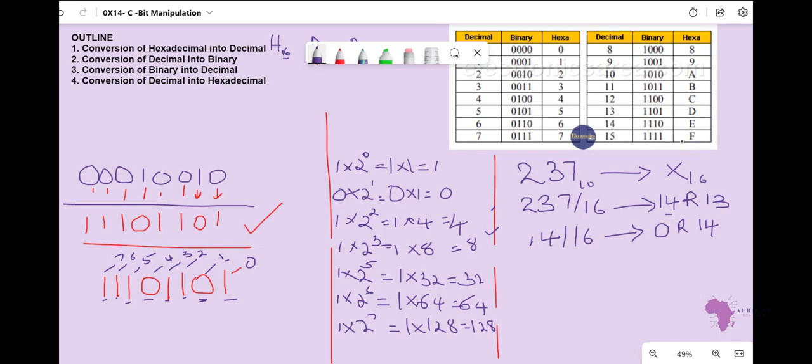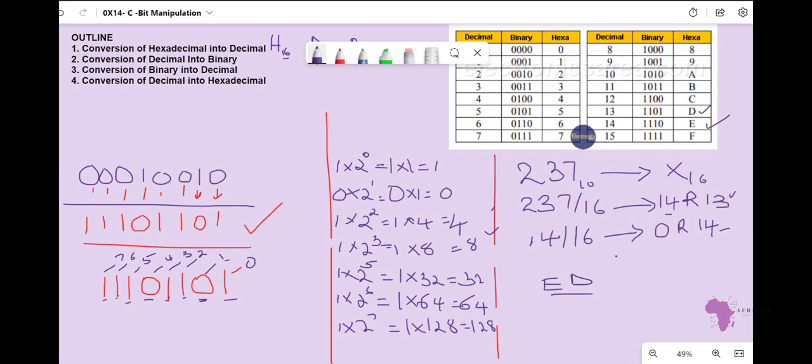You can see here, 14 is this one, which represents E, and 13 represents D. We read this in reverse order, so instead of 14 we write E, and instead of 13 we write D.